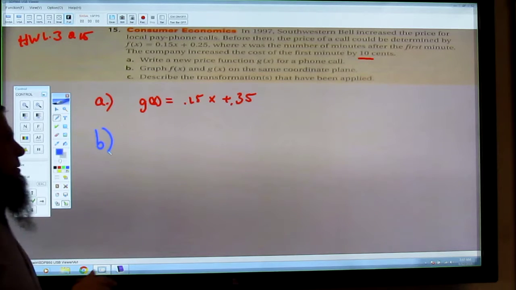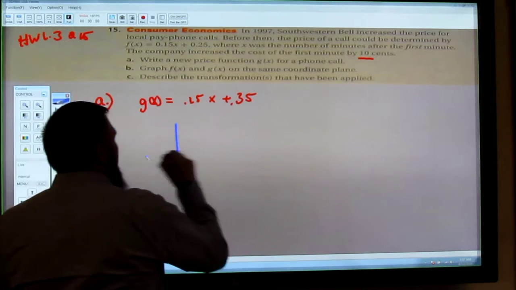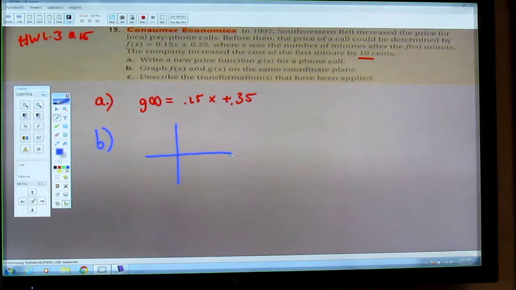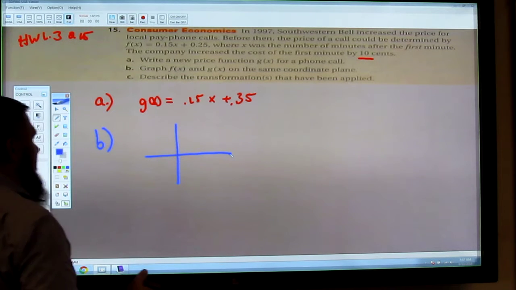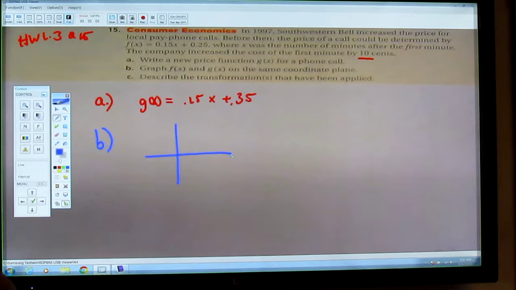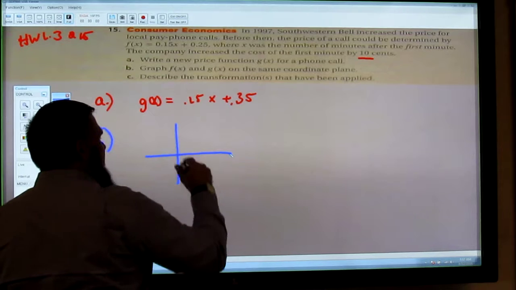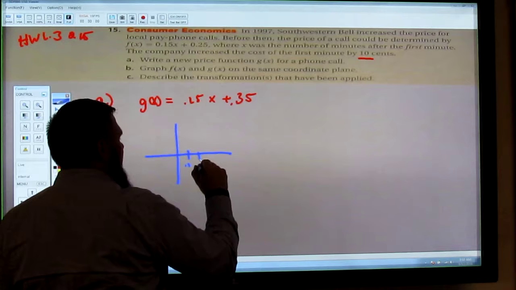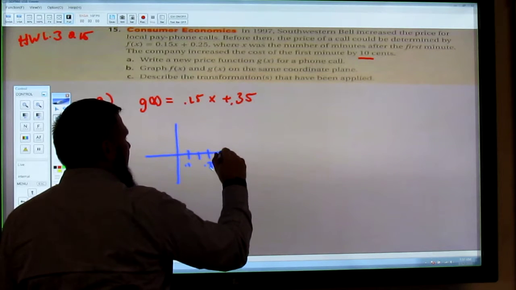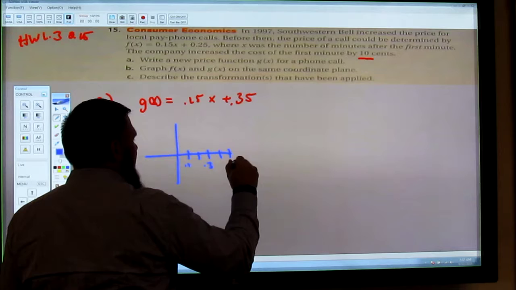What I'm saying here is this. What's our rise and run? Well, it's 15 over 100. The rise is 15 over 100, that's what 0.15 is. You can do it a lot of different ways. These are in cents, so maybe we do 10 cent, 20 cent, 30 cent, 40 cent, 50 cent.